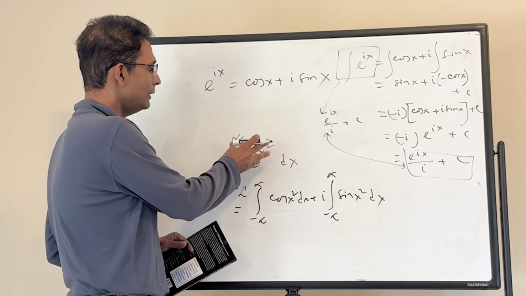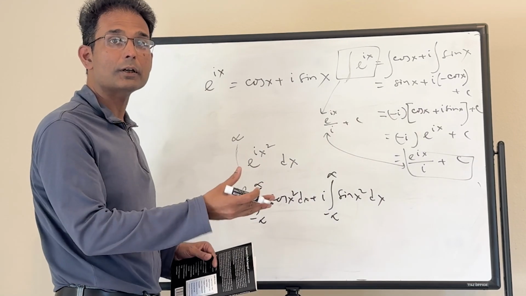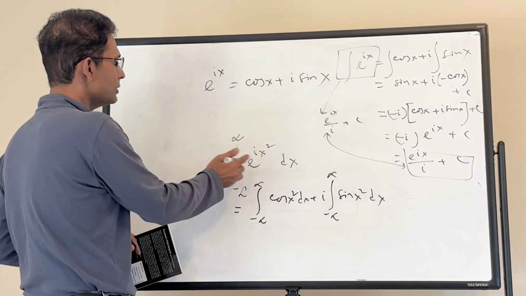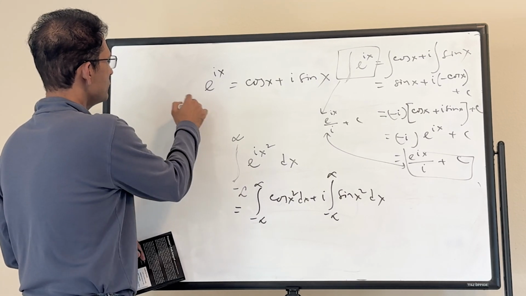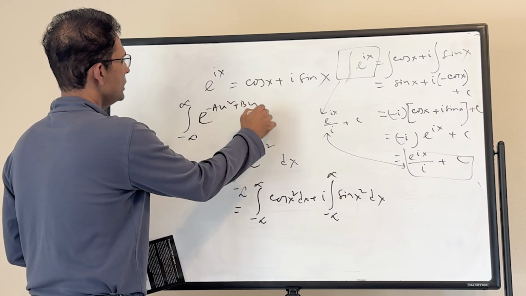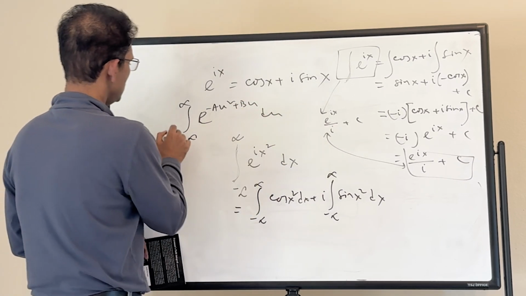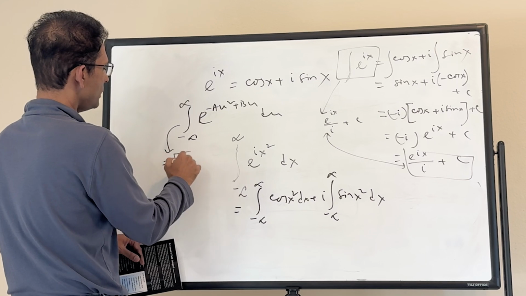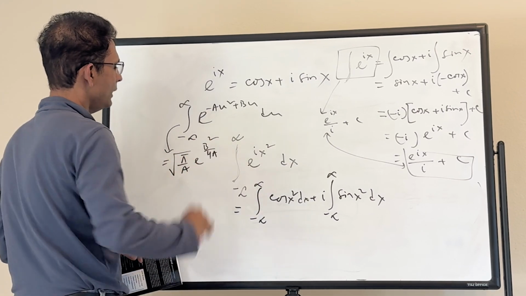But if you just use the formula for this integral blindly, then you get a result. So let's actually get the result first. Remember this formula: the integral from minus infinity to plus infinity of e to the power minus a u squared plus b u, du, is equal to square root of pi over a, times e to the power b squared over 4a.